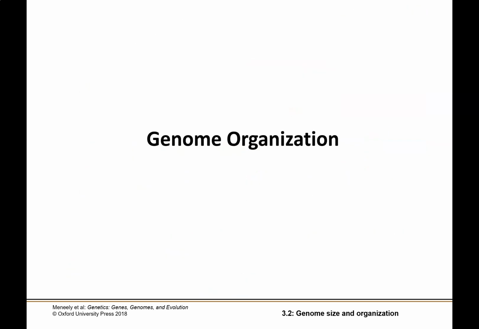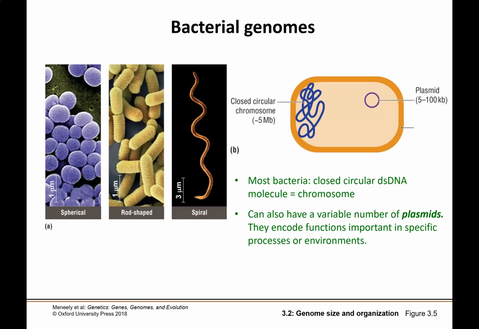So let's move on from genome size to genome organization. Bacteria are prokaryotes. And one of the characteristics of prokaryotic genomes is that they contain generally one chromosome, and that chromosome is a closed circular piece of DNA.